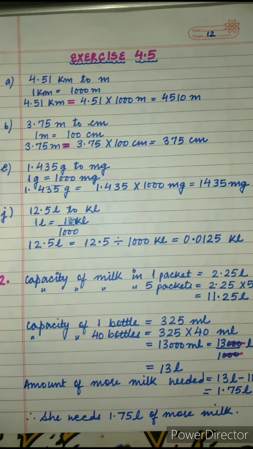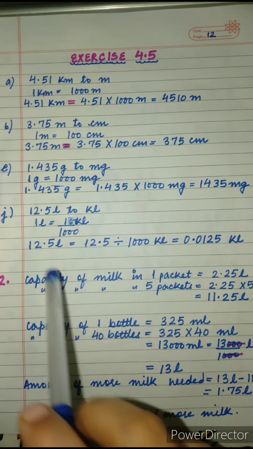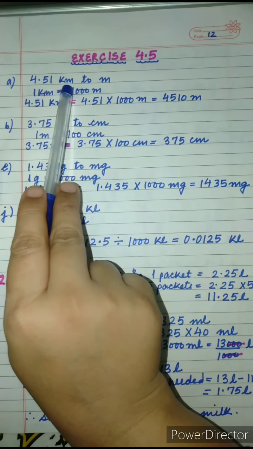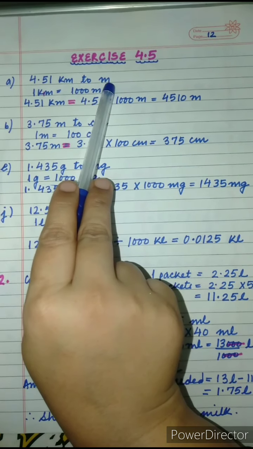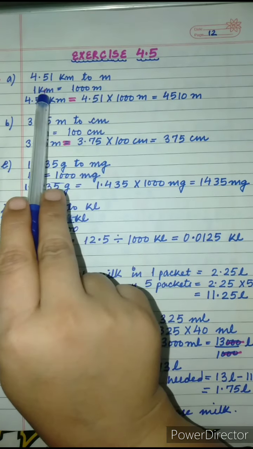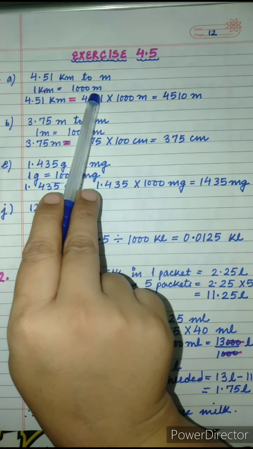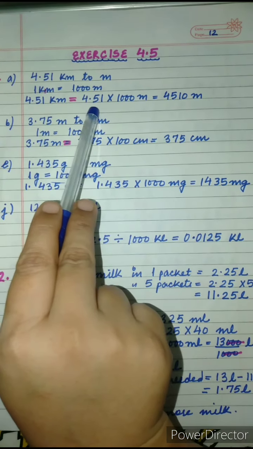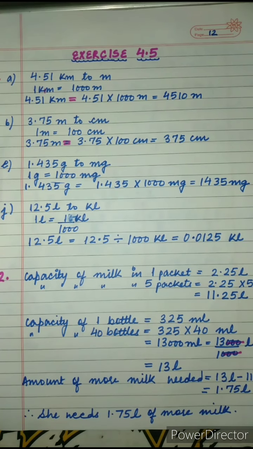Now exercise 4.5, here you have to do certain conversions. See your first question, A part. We are given 4.51 kilometers and we have to convert it into meters. Now we know that 1 kilometer is 1000 meters. So 4.51 kilometers will be 4.51 into 1000 meters.